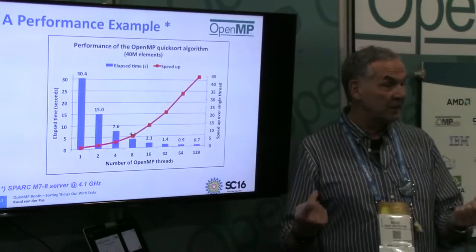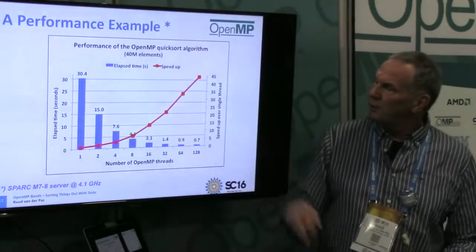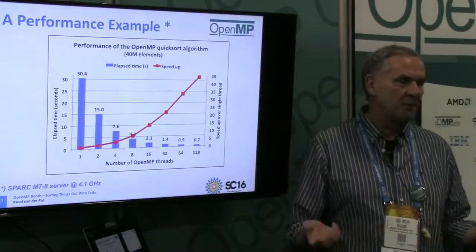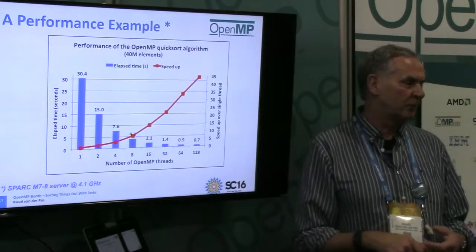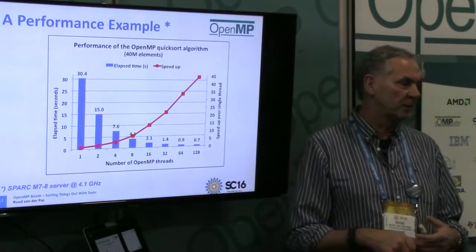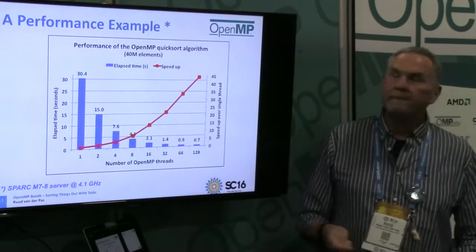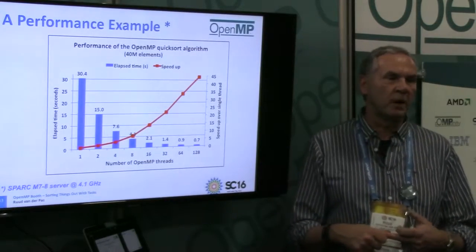Given the simplicity, it's actually nice to see how well it scales. The blue bar chart is the runtime, elapsed time in seconds. So from 30 seconds, I get it down to about 0.7. Of course, there's a diminishing return, but I can still use 128 threads in some sort of meaningful way. And overall, that gives me a speedup relative to the single thread performance of about 45.